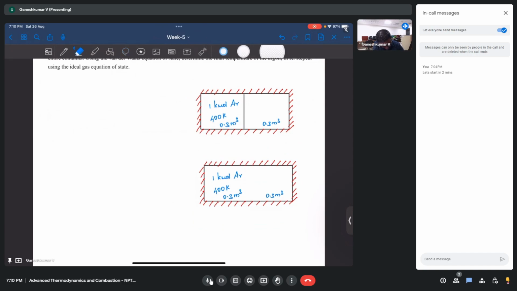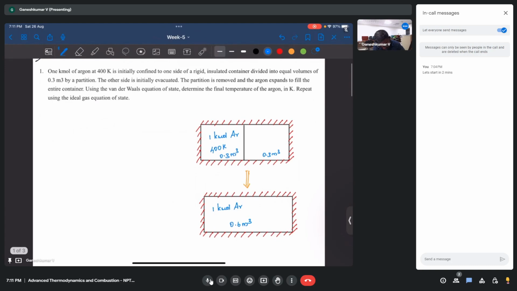But here the partition is removed, that's it. So it goes from this state to this state. Now the same 1 mole of argon, but the total volume is 0.6 meter cube, right?